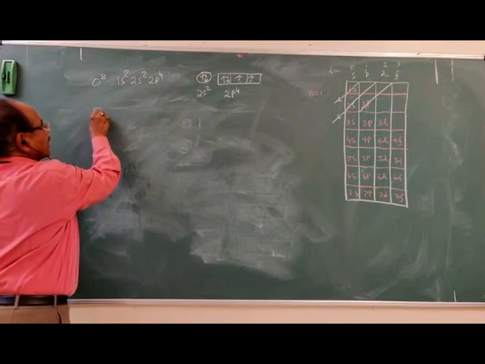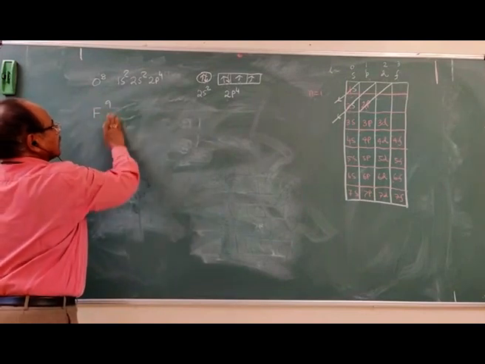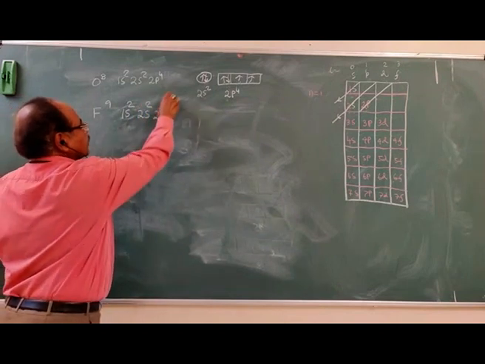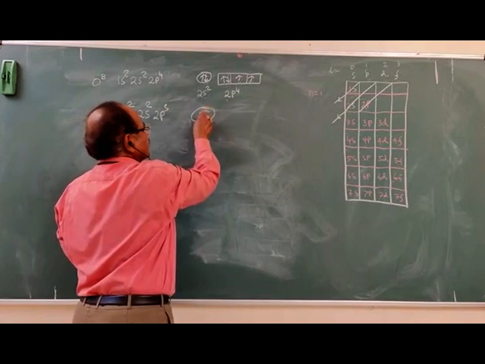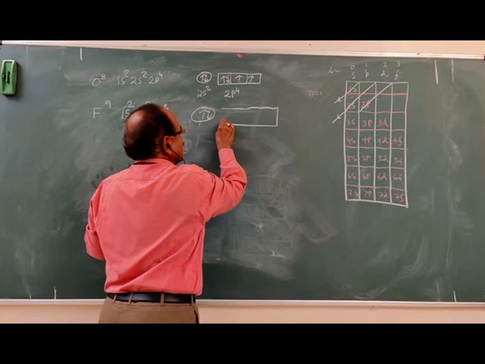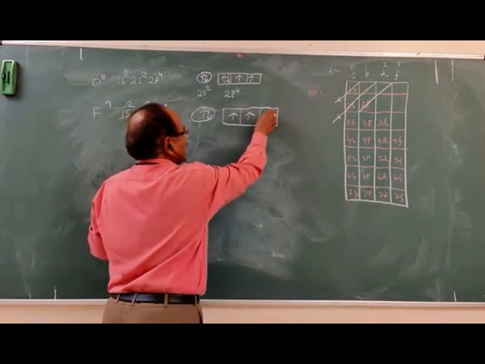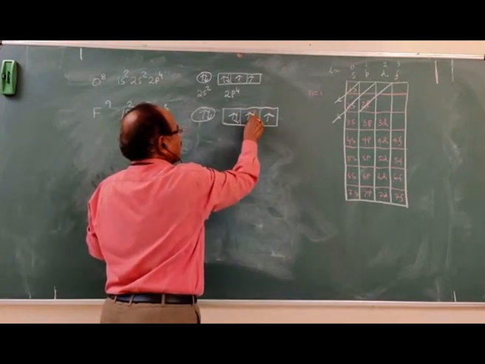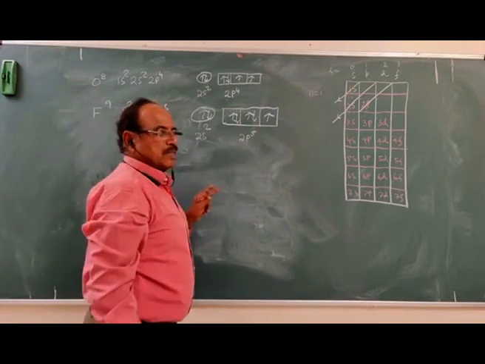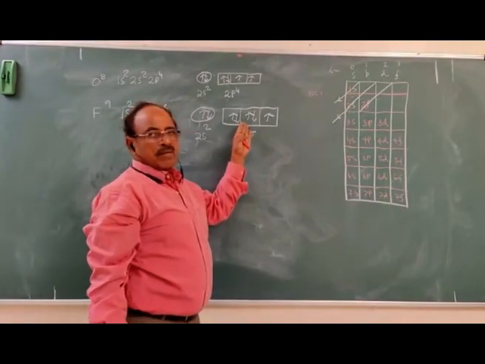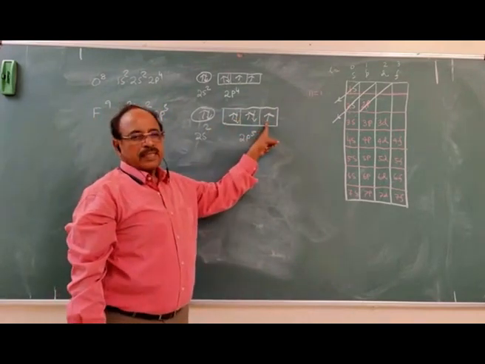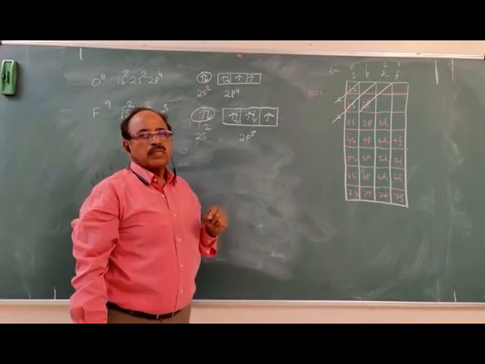Then comes fluorine, 9. 1s2, 2s2, 2p5. In the outermost cell there is 2s2 and 2p5. So there are a total of 7 electrons in the outermost cell of fluorine.